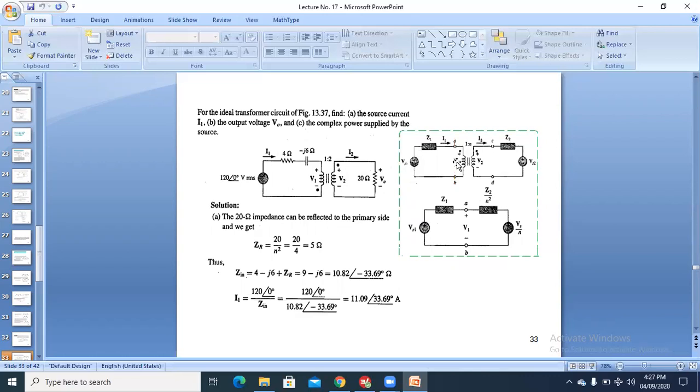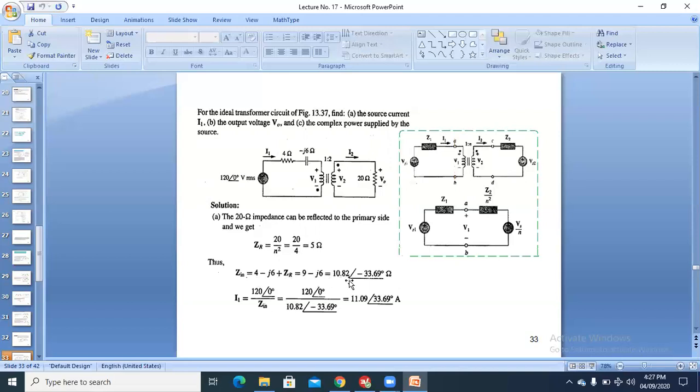So first of all, the reflected impedance of the secondary side is 20 divided by N squared. So that is 5 ohm. And the input impedance is in fact this 4 minus j6 plus the reflected resistance.